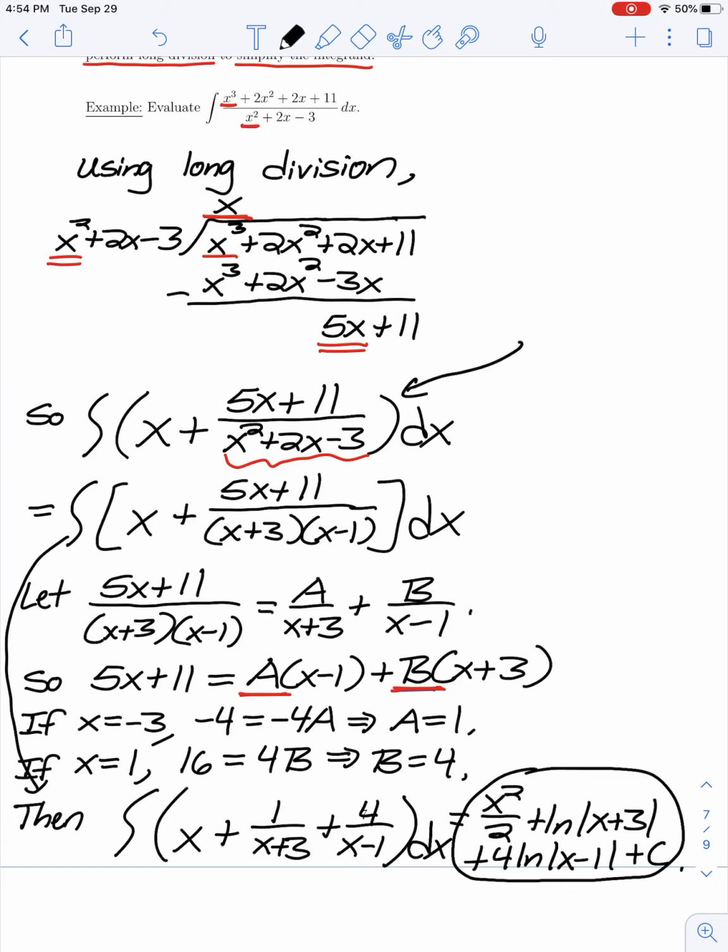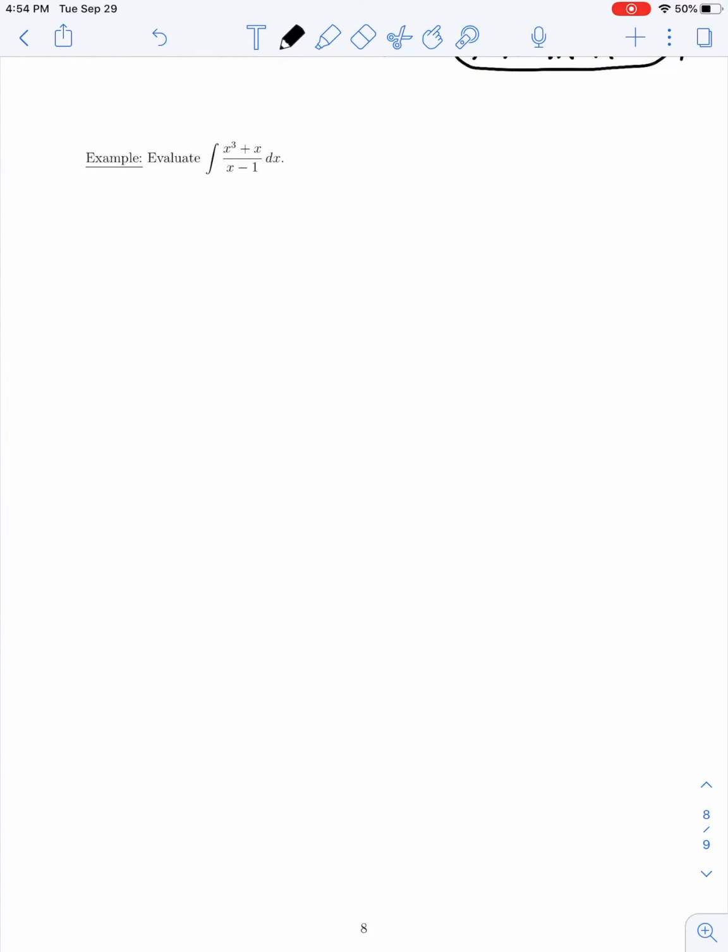And to integrate that remainder, we could make use of partial fraction decomposition as we did in our earlier examples. So let's look at one last example here to illustrate the case of long division.